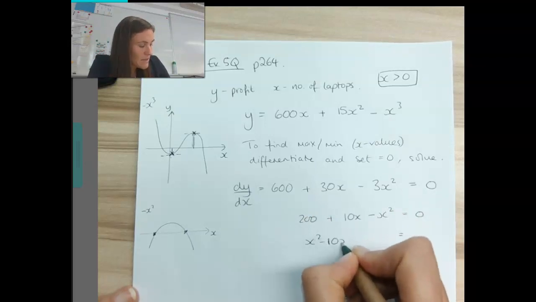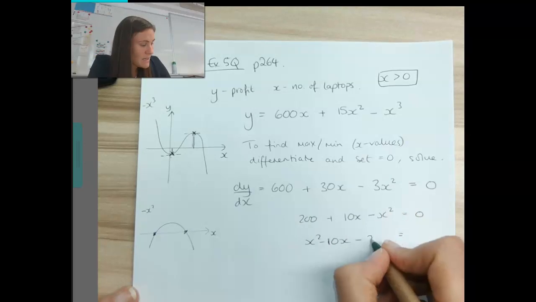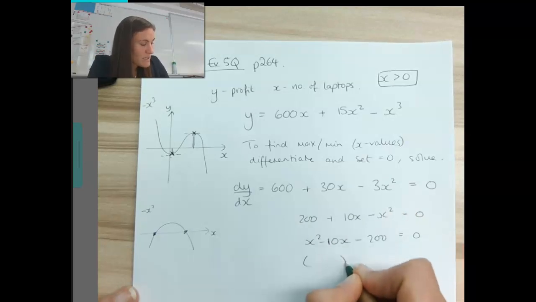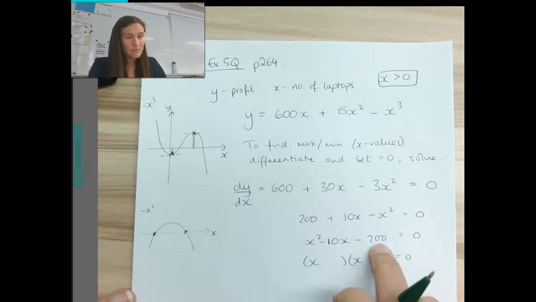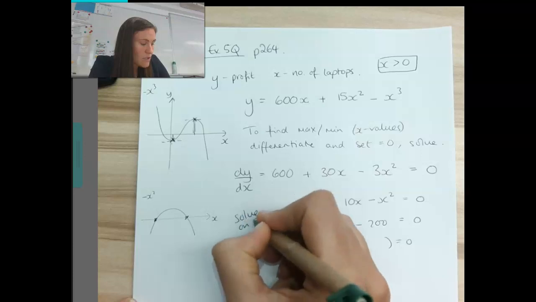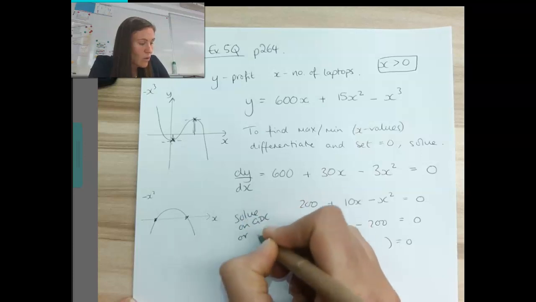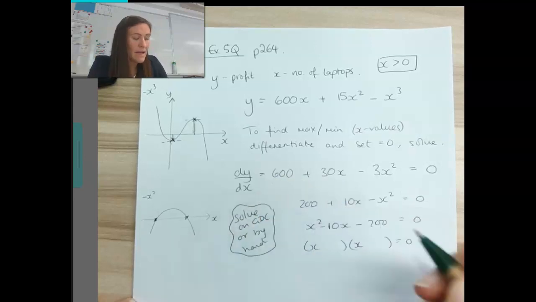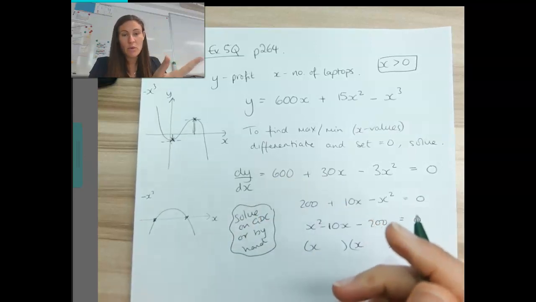So I get x squared minus 10x minus 200. I'm only trying this because I want to see if I can factorise, because it looks like it might be possible. I'll just reiterate, you can solve on the GDC or by hand. It's a quadratic. You know how to solve it by hand, factorise, and use the quadratic formula.